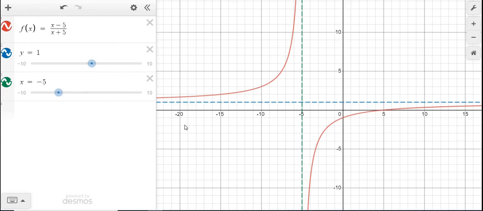Now, another thing that we considered recently was that if we do polynomial long division with the polynomials that are in the rational function, in other words, if we divide x plus 5 into x minus 5, we end up making the function in a different form, but it's still the same function.